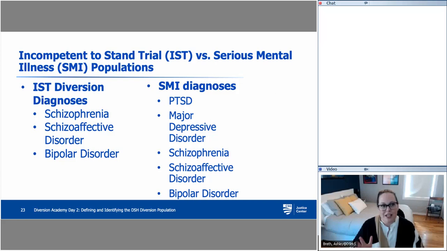I keep wanting to say controlled, and I don't think that's the right word to use, but mitigated perhaps is a better word with medication. So I think those were key reasons why these particular diagnoses were selected.